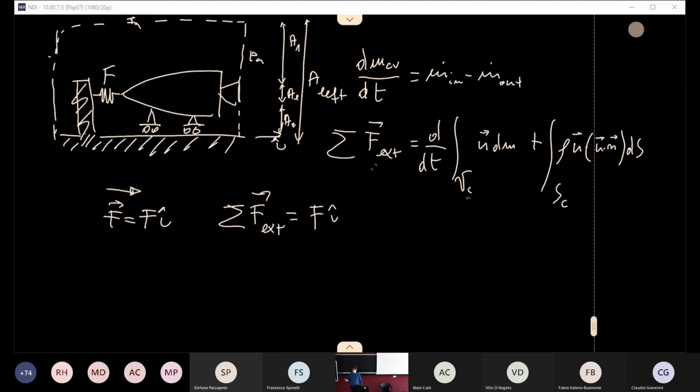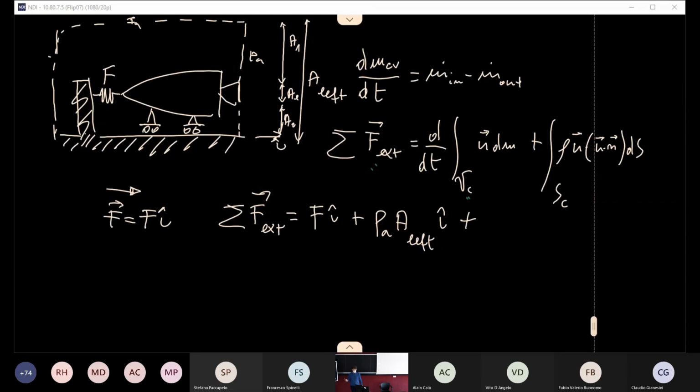Okay, so we can say, first of all, that we have at left a force which is PA, A left, and I, and on the right hand side, on this surface, I will have on this direction the force exerted by the pressure on our control volume.